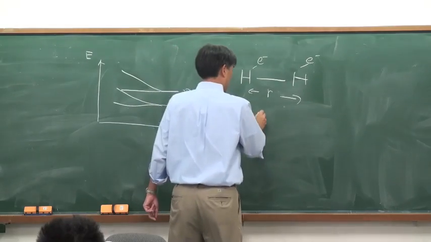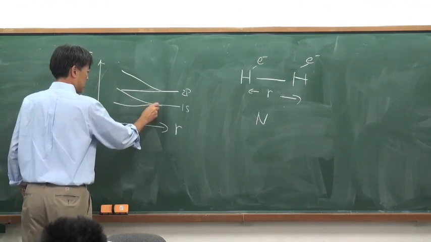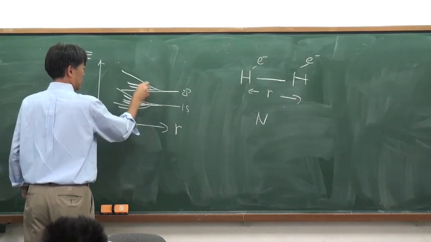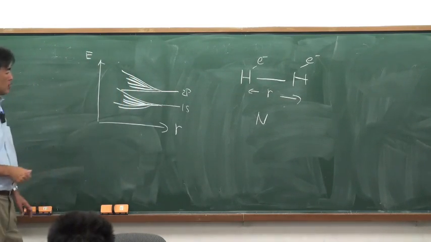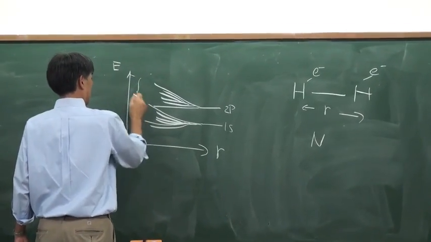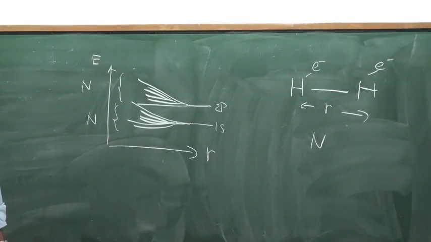If I have n hydrogens, then this level becomes separated into n different states, right? And that's really the origin of bands in semiconductors.